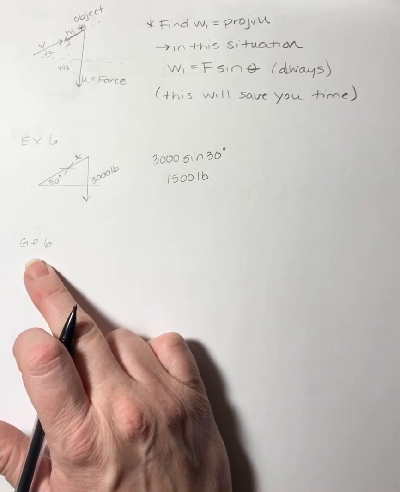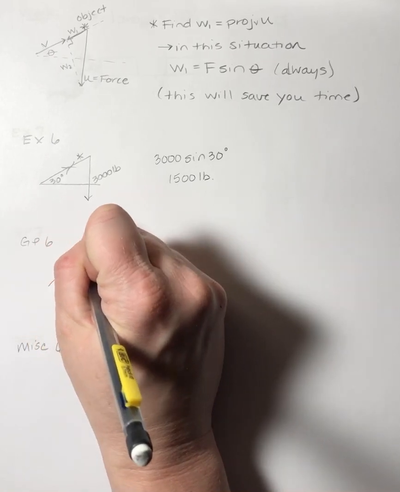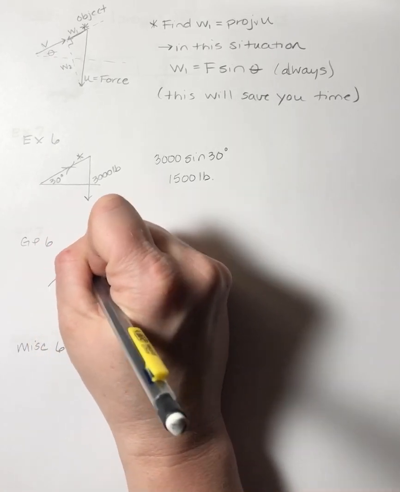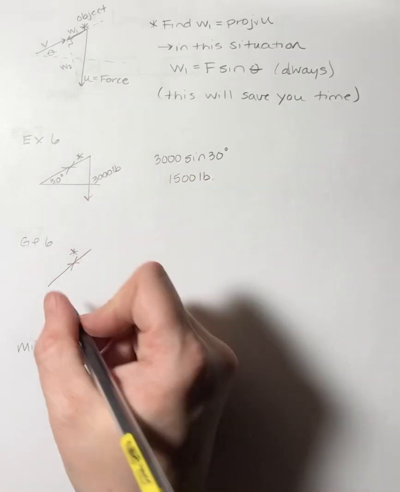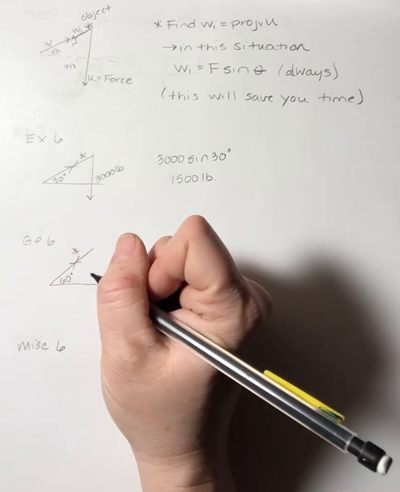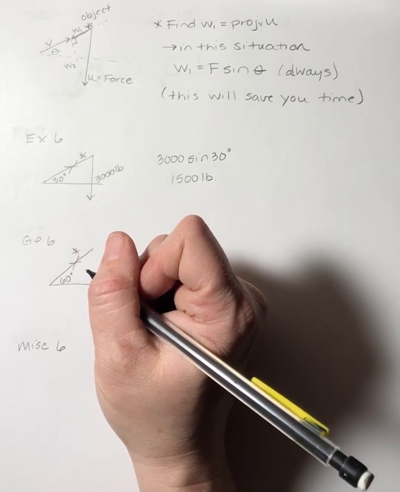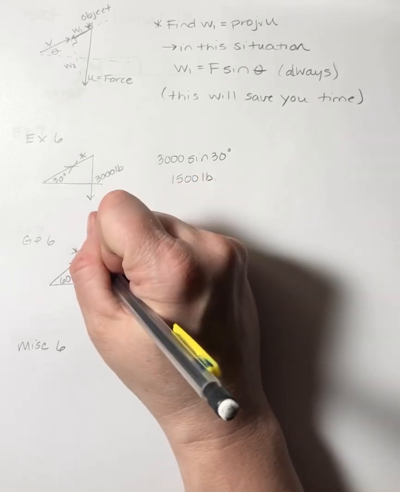Mary sits on a sled on the side of a hill inclined at 60 degrees. So we have Mary, okay? Incline is 60 degrees. What force is required to keep the sled from sliding down the hill if Mary and the sled weigh 125 pounds?